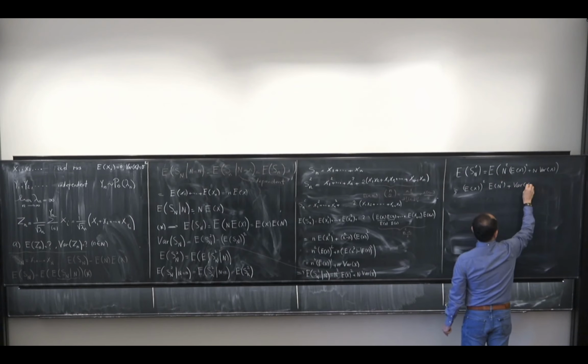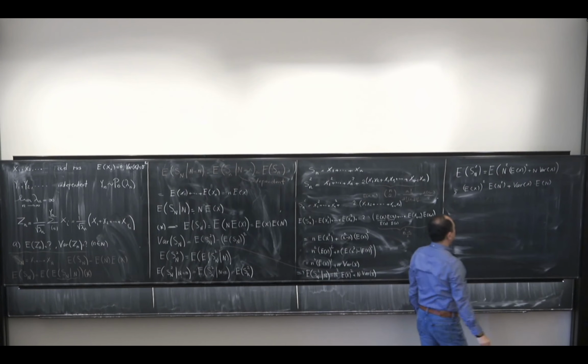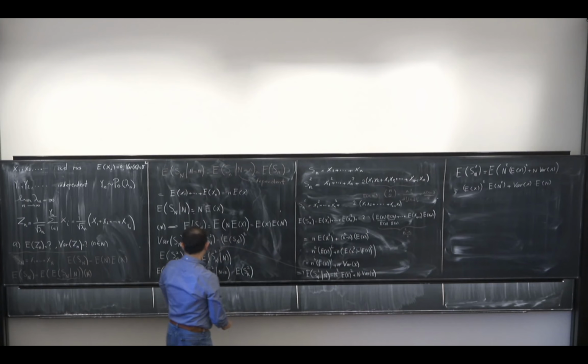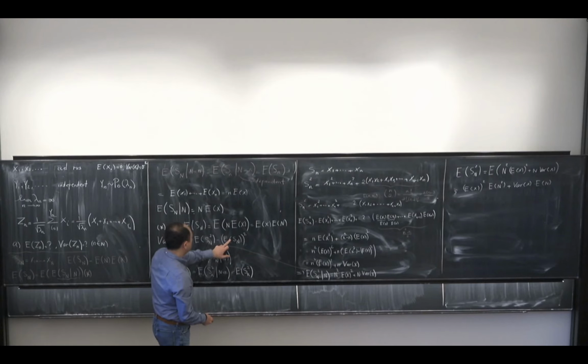Variance of x is also a number. I use linearity, yes. Okay, and then finally I am done because if I want to calculate the variance, I have to calculate this and subtract them. I already did this part. This is in front of me. And now I did this one, so I just subtract them.